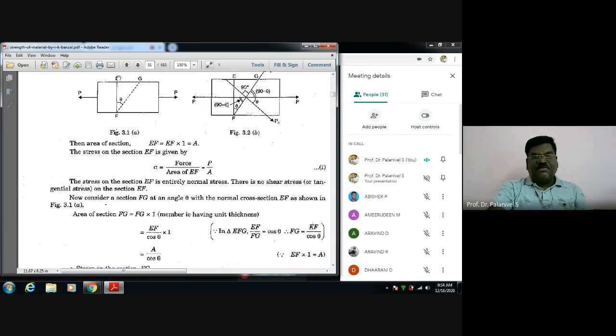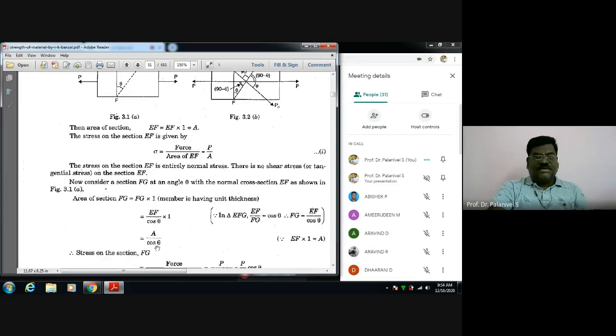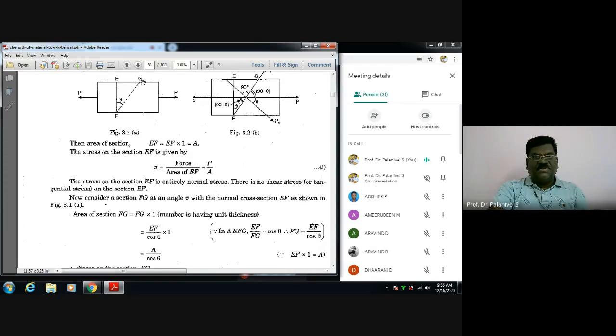Now in this right angle triangle, EF by FG equals cos theta. Therefore, FG equals EF by cos theta, so the area is A by cos theta. The area of this inclined plane is nothing but this area divided by cos theta. The perpendicular area is A; the oblique area is A by cos theta.